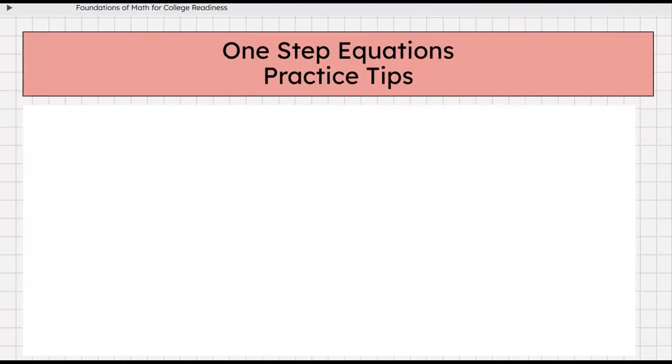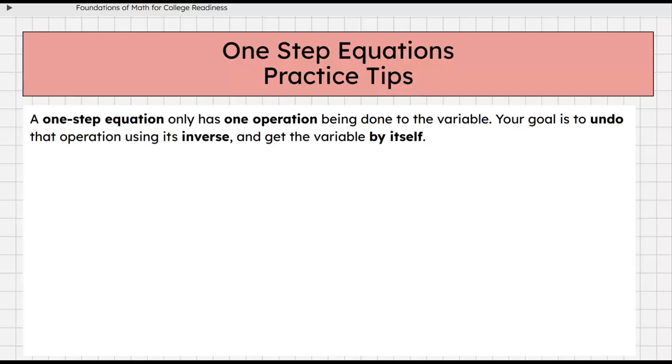The next few slides after these practice tips are practice problems that I encourage you to do with me. A one-step equation only has one operation being done to the variable. Your goal is to undo that operation using its inverse and to get the variable by itself.